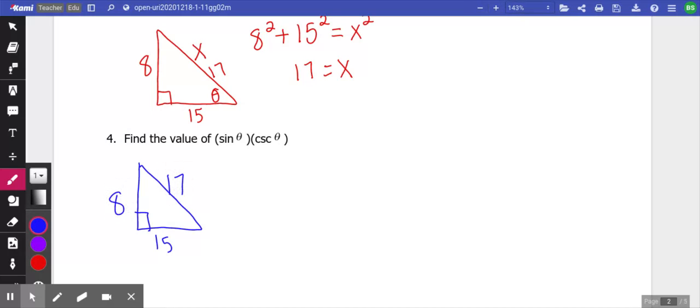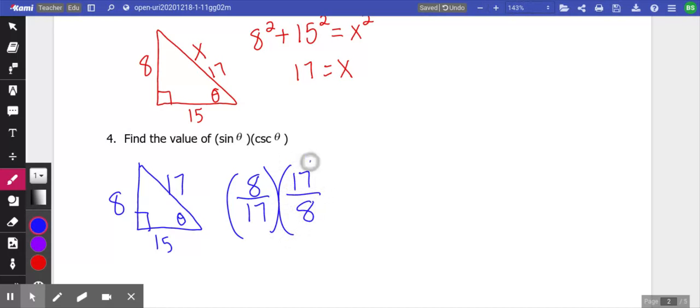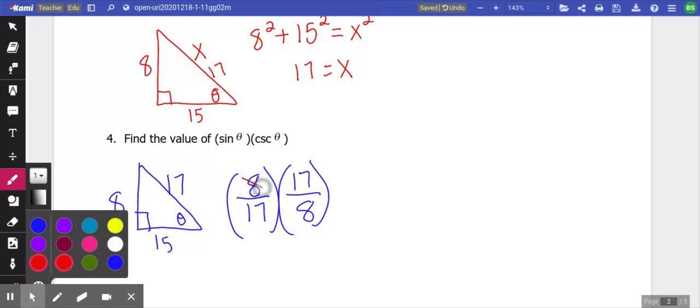Sine theta is 8 over 17 and cosecant theta is 17 over 8. When you multiply those, we could cross simplify. The 8 and the 8 cancel out, the 17 and the 17 cancel out, and we're left with 1.